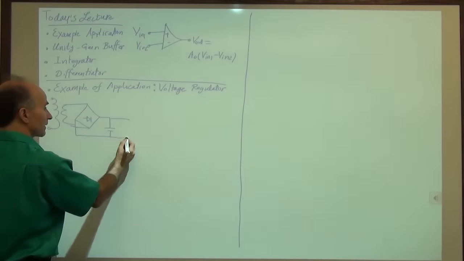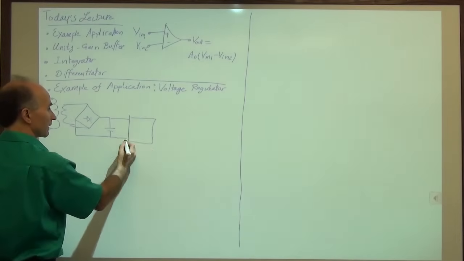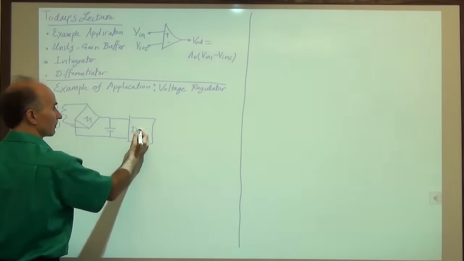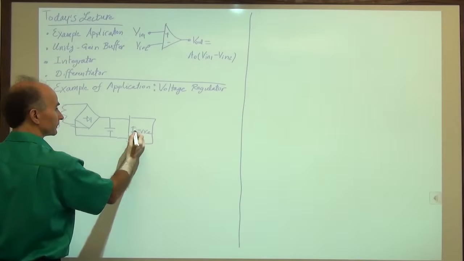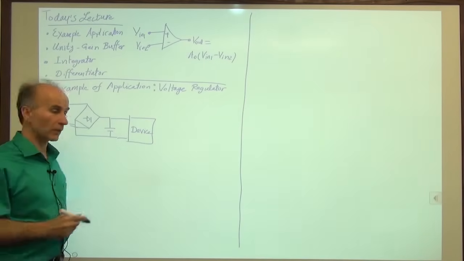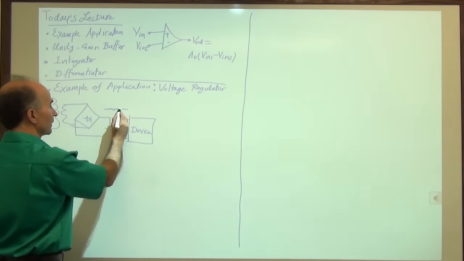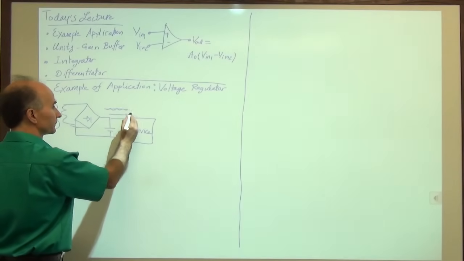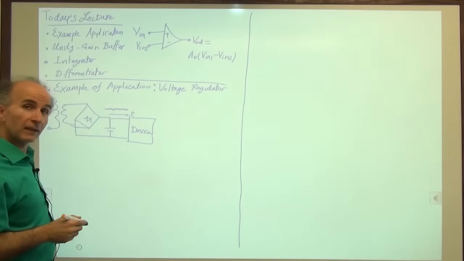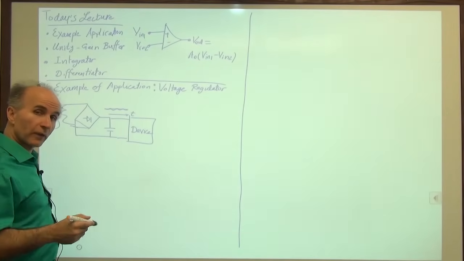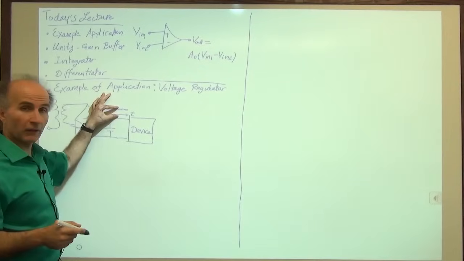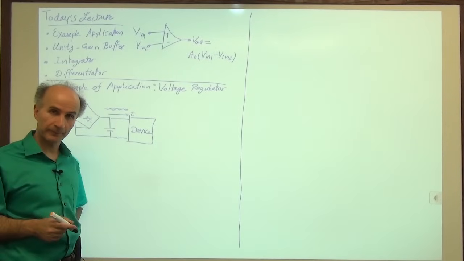And then we used this to drive some sort of equipment or device. Okay, so here we have a constant voltage with a small amount of ripple on it. So we went from AC at 110 volts or 220 volts to DC of, let's say, 15 volts.